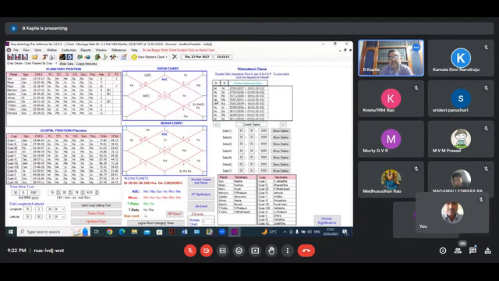Now let us check it for Venus. If you look at Venus, Venus dasha will give us a strong promise for marriage. Do you know why? Because in Venus dasha, Venus is in the star of Moon, and Moon is very strongly placed at the 7th sub-sublord, placed at the 9th sub-sublord. Thereby Venus dasha strongly promises the event of marriage.